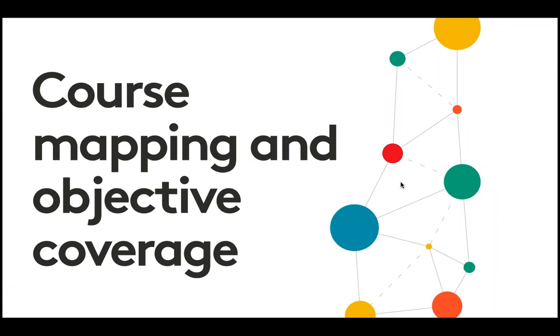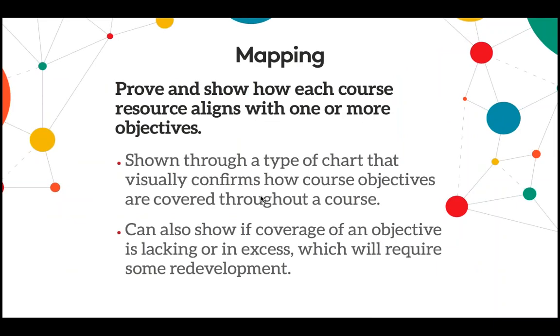So we figured out what activities are there, and basically we need to visually show at this point, creating a chart, some sort of, I typically like Excel spreadsheets or Google Sheets, and actually having these activities and assessments, lectures, whatever you want to call them, everything in the course, map to those objectives, making sure that they are covered.